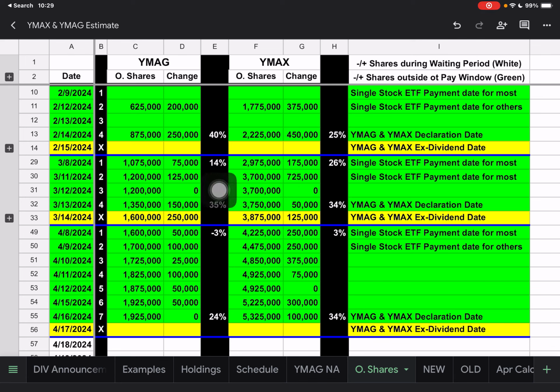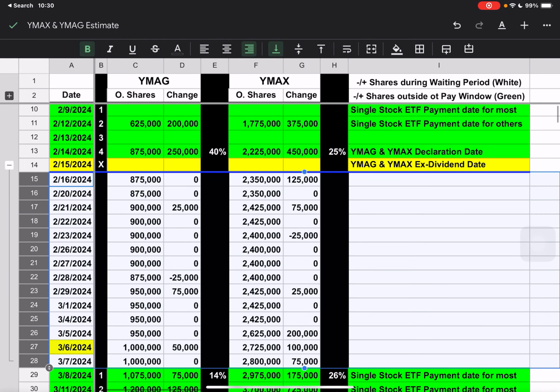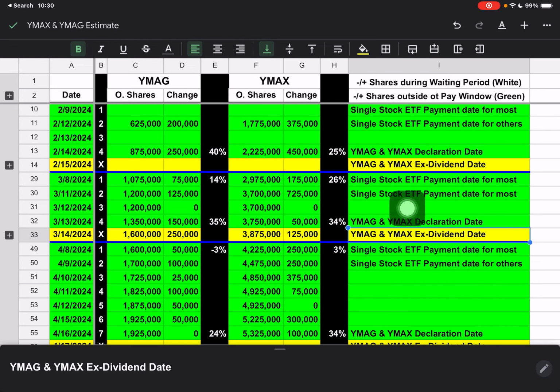And then the next percentage here is basically what happened throughout the month, the busy times, outside of the week of declaration. This is just showing that YMAG went up 14% in outstanding shares and YMAX went up 26%. And this was, of course, on March 8th.